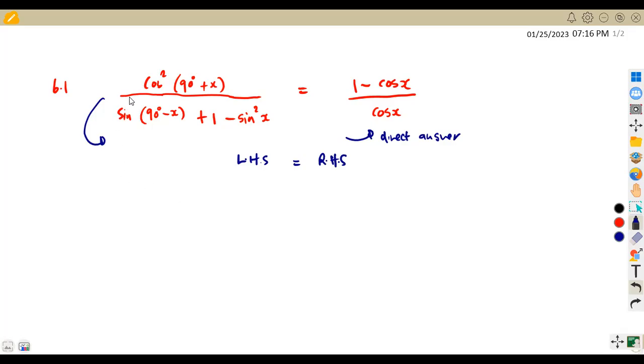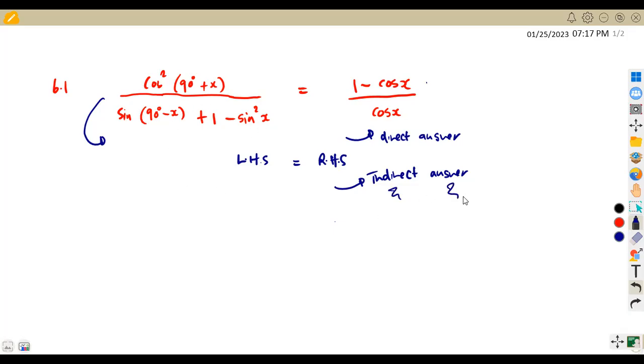The second case is that you prove from the left-hand side and the answer that you obtain is indirect. When I'm saying an indirect answer, you are obtaining an answer that is not exactly as it is written on the right-hand side, but is equivalent. So on that particular question, you also work from the right-hand side so that you obtain the same answer.